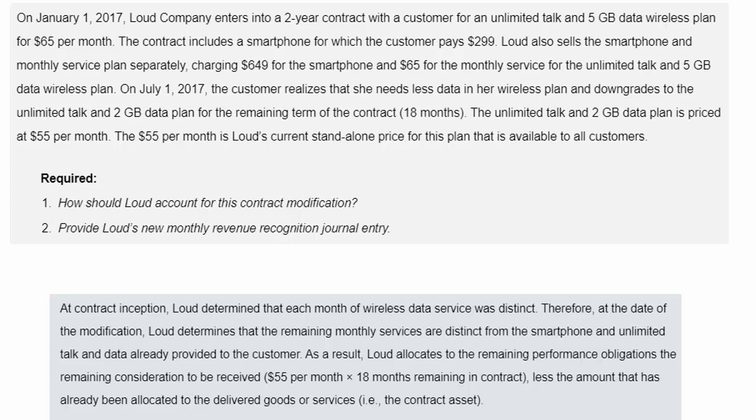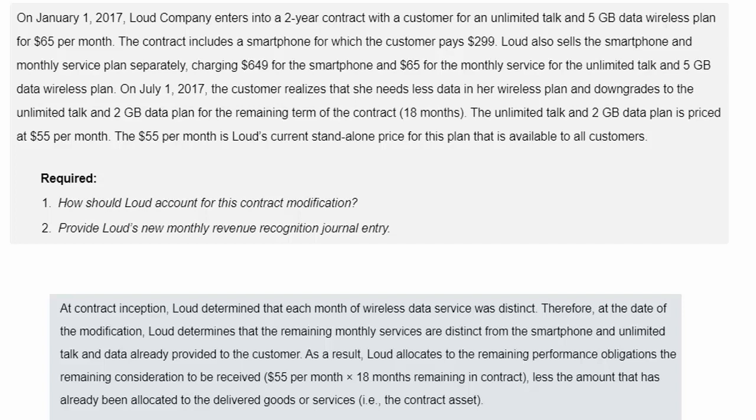So as a result, Loud allocates to the remaining performance obligations the remaining consideration to be received, and that's now $55 per month times 18 months remaining in the contract, less the amount that's already been allocated to the delivered goods or services, in other words, the contract asset.